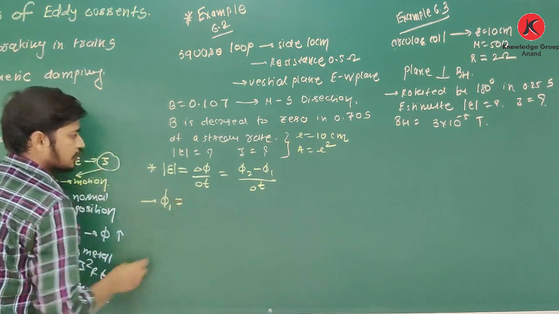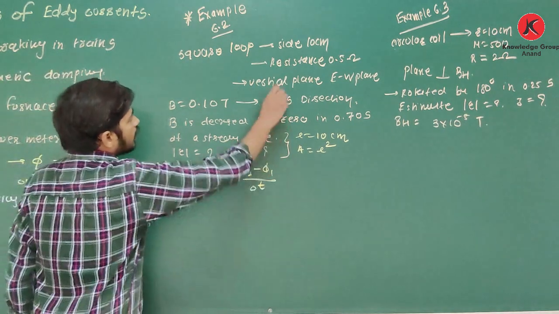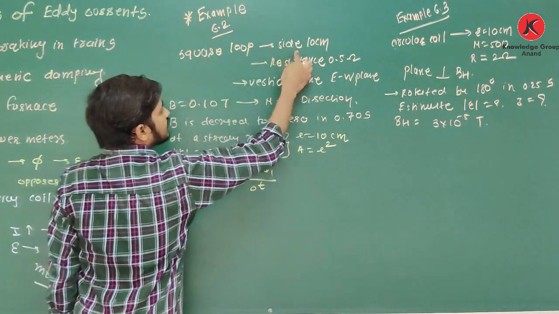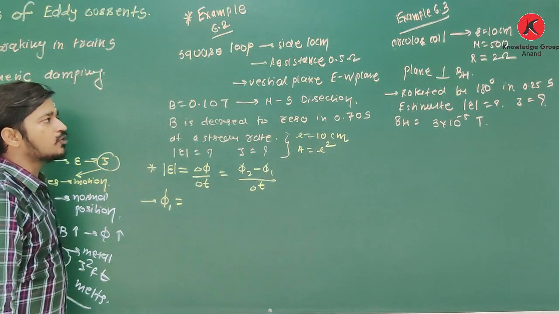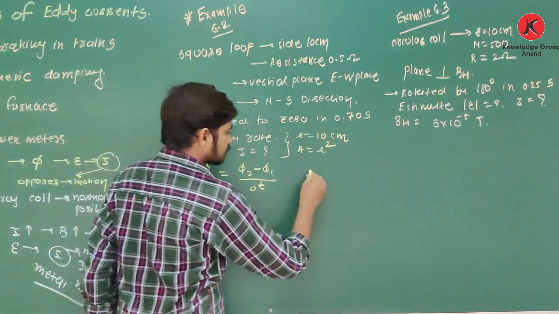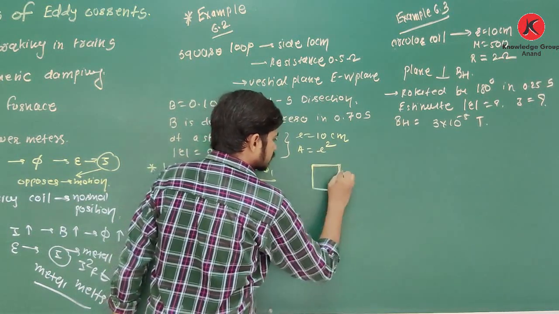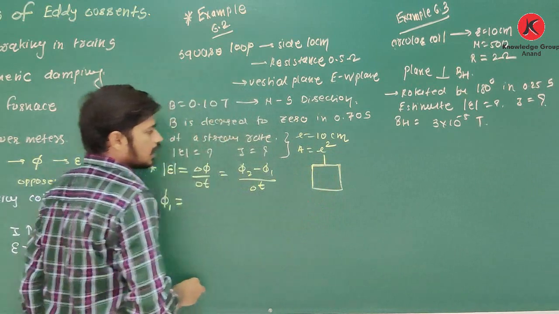So first of all we will find phi 1. How to find phi 1? The square loop, side 10 centimeter, resistance 0.5 ohm, is placed in a vertical plane, east-west. The plane is placed like this in the east-west direction. Clear about this?